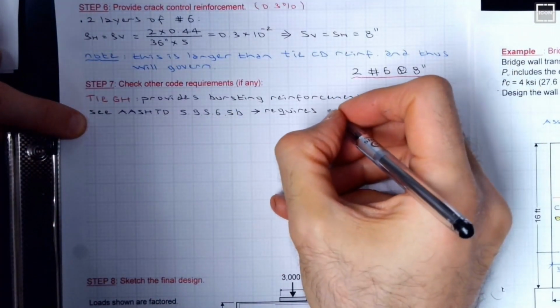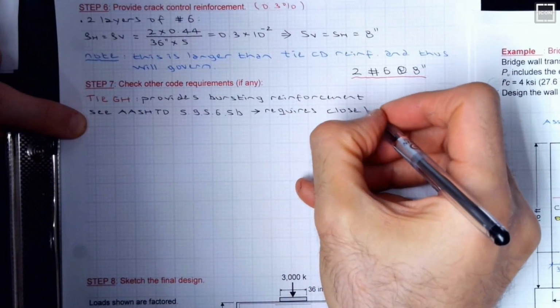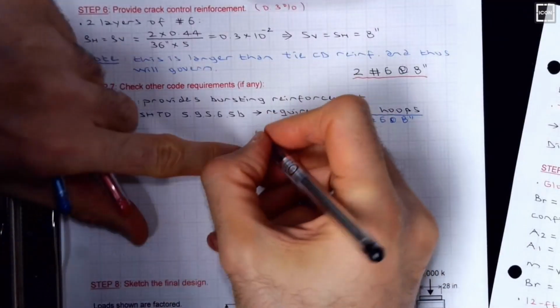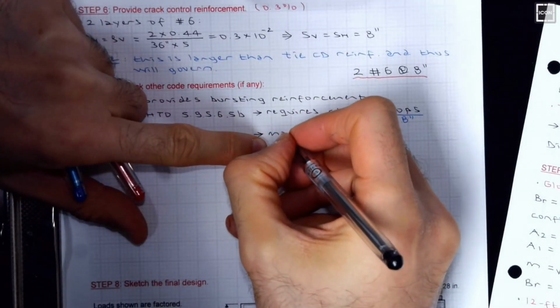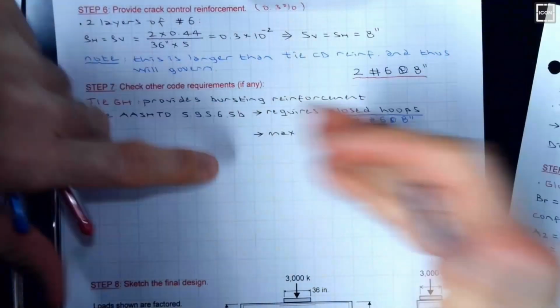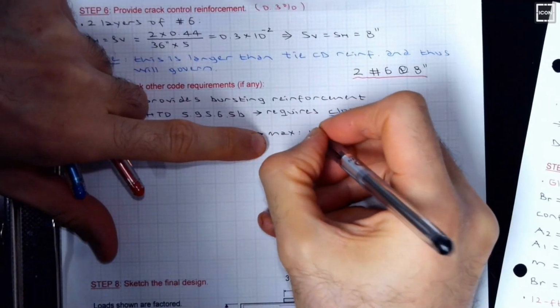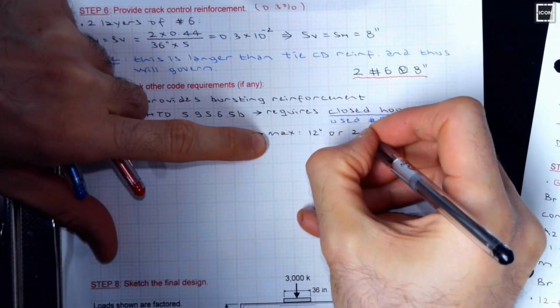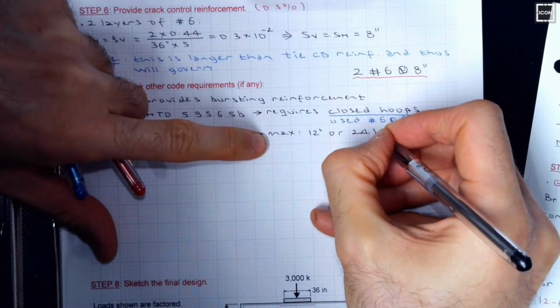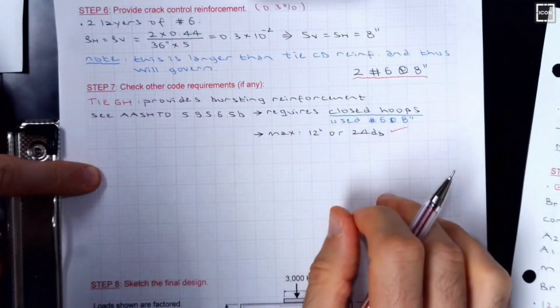So I'm going to say closed hoops because that's what I'm using. And also other requirements, maximum spacing. AASHTO does not like further than a certain spacing, which is 12 inches, which we are good, 8 inches, or 24 times bar diameter, db, for which we are in a good shape.